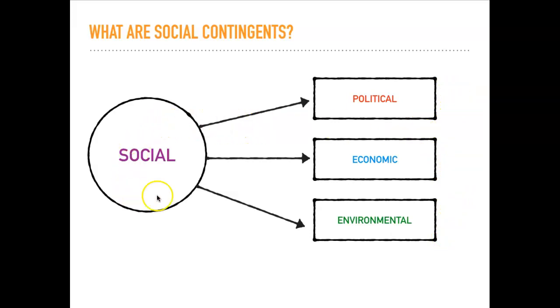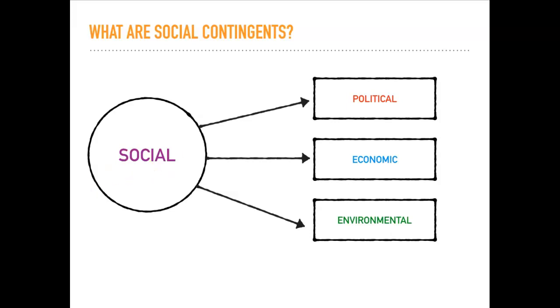The social can refer to things about the self and the individual and individual identity, as we'll talk about on the next slide. But other contingents are the political realm, the economic realm, and the environmental realm. All of these things together inform how we are social beings.